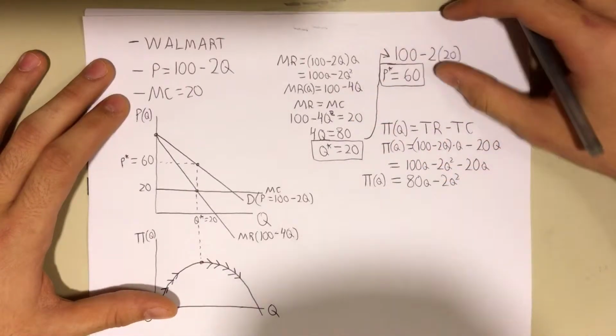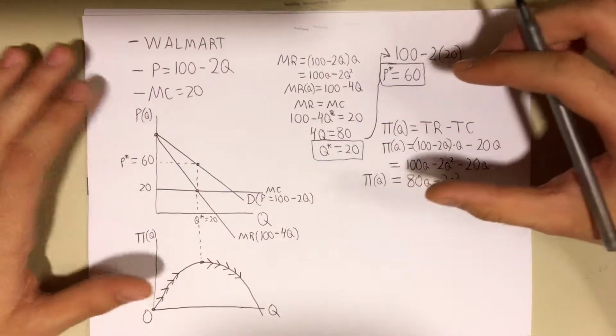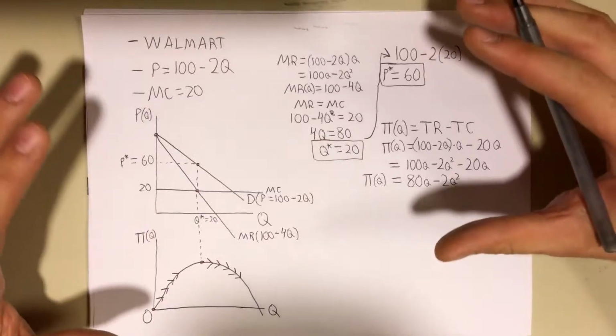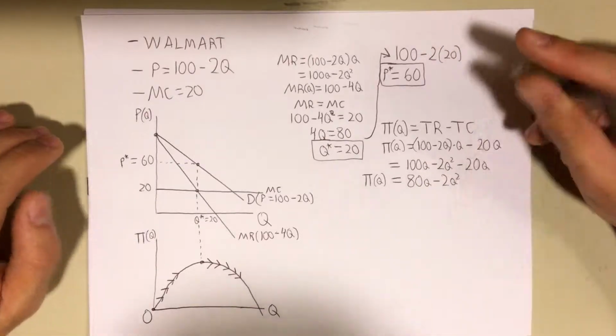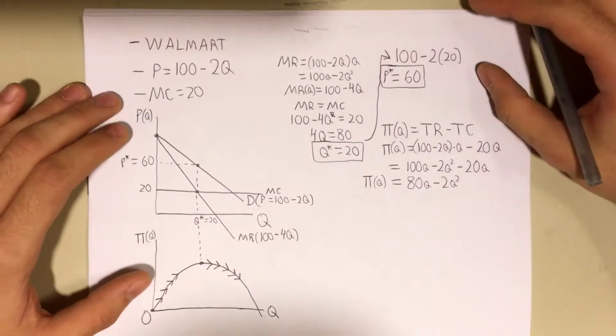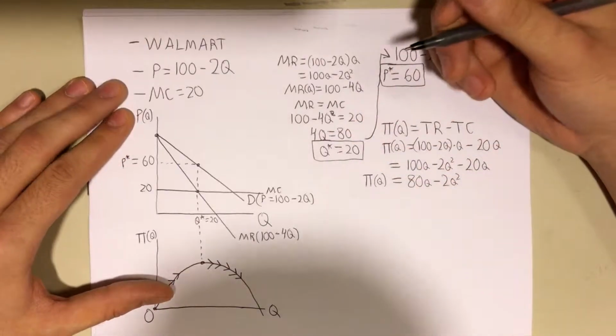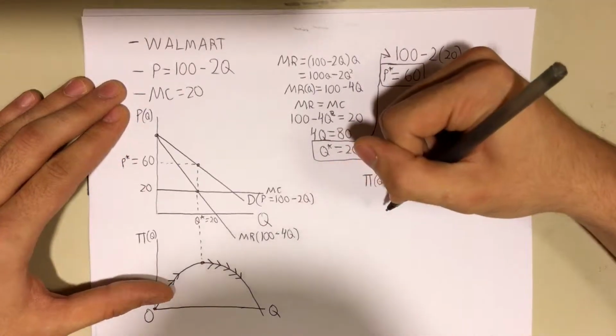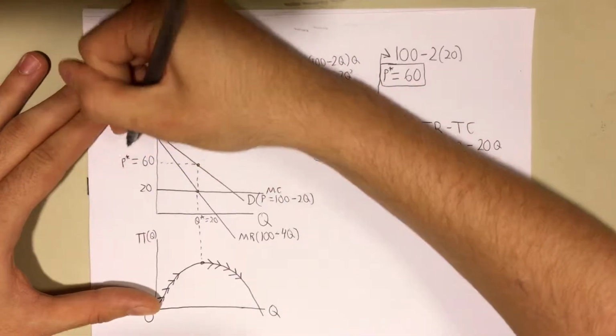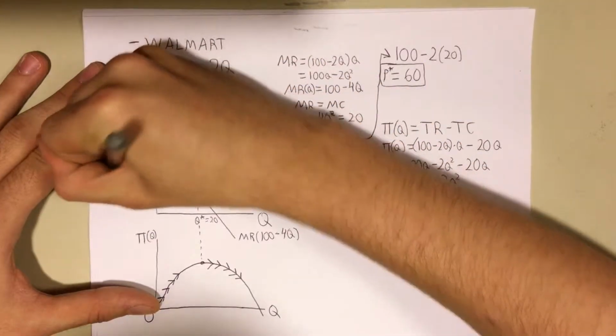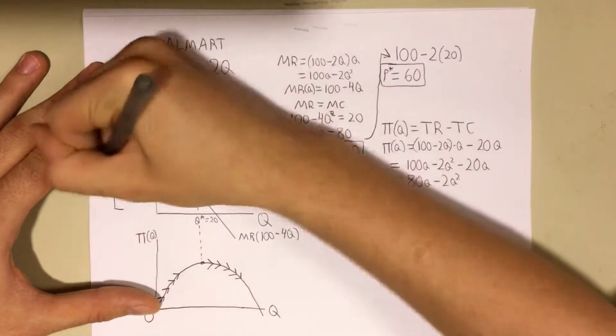So now let's go ahead and take this optimal quantity and optimal price and find their total profits. So let's first find the total revenue, which is from this point here down here.